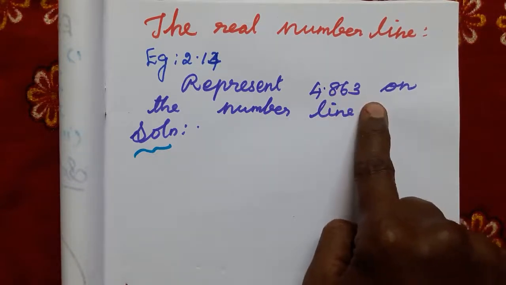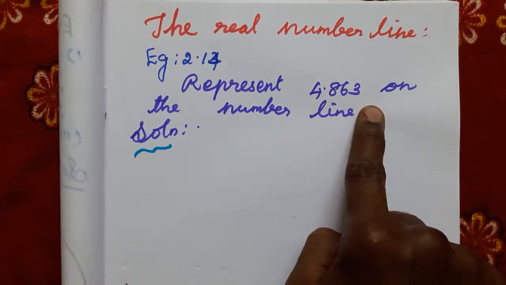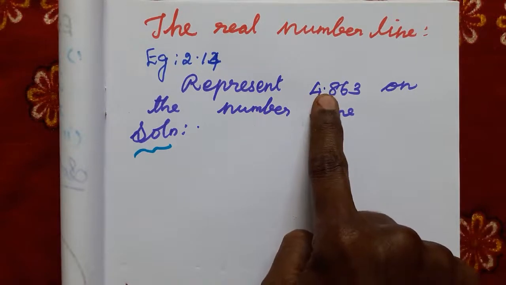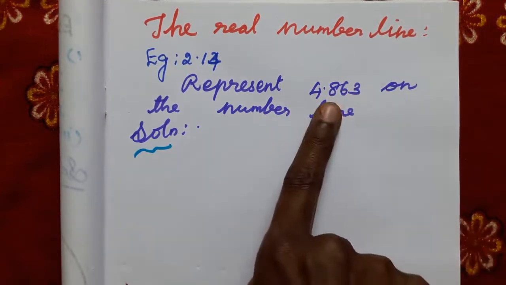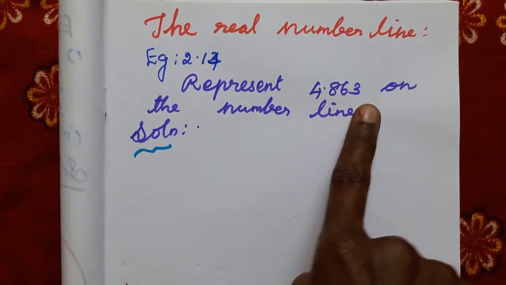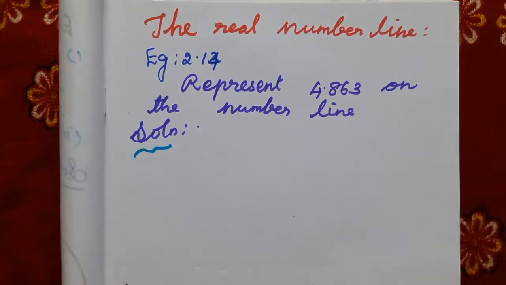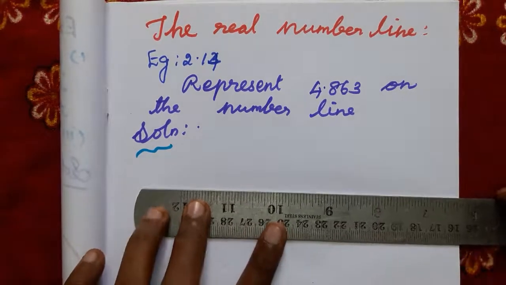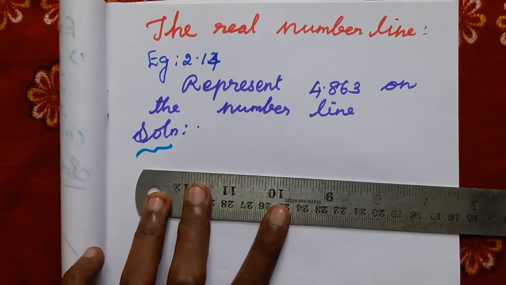Rational or irrational numbers, we can represent them on the number line. Now I am going to teach how we can represent 4.863 on the number line. For that, first you have to draw a number line.